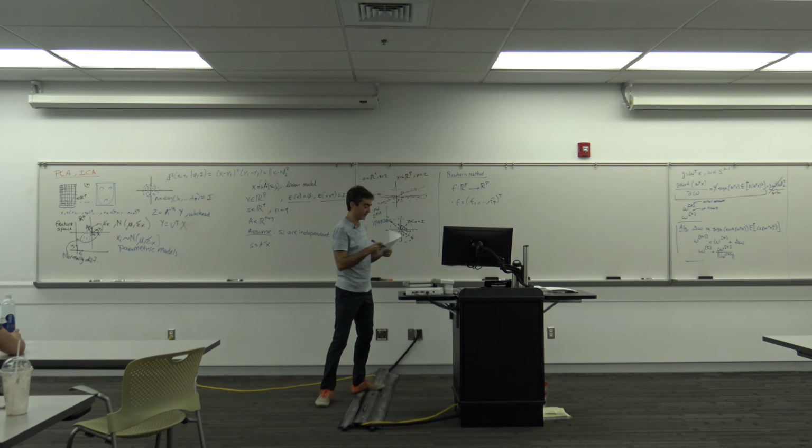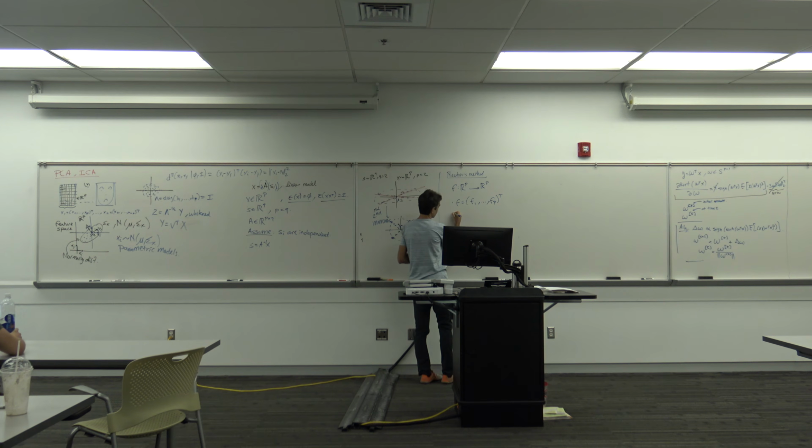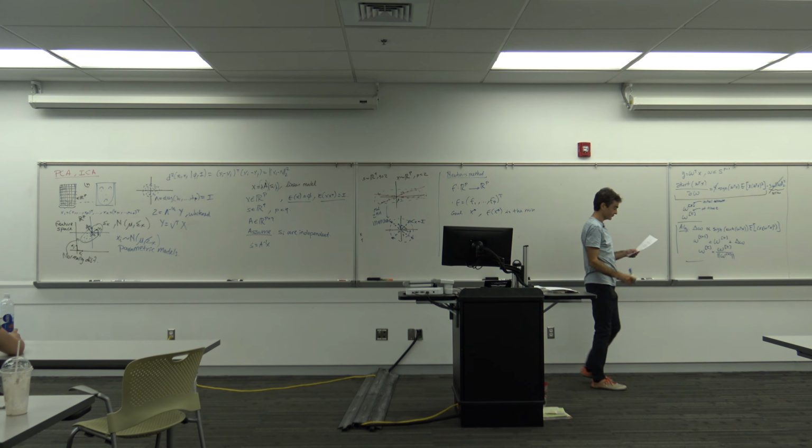And we wish to find a vector. Let's call it x star, so this is our goal, for which f of x star is the minimum of the function.